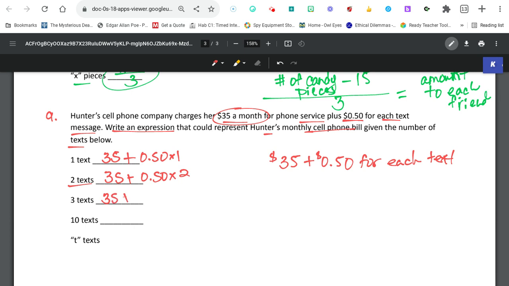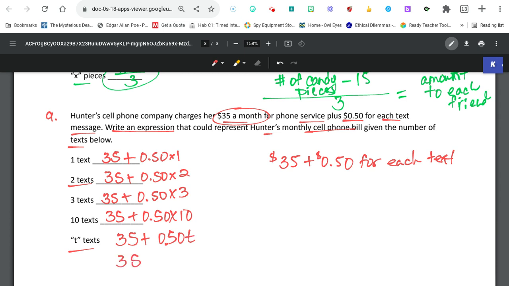Here is 35 plus 50 cents 3 times. Here's 35 plus 50 cents 10 times. And here it's going to be 35 plus 50 cents t times.